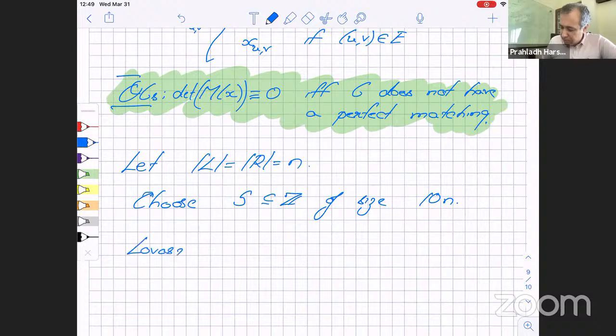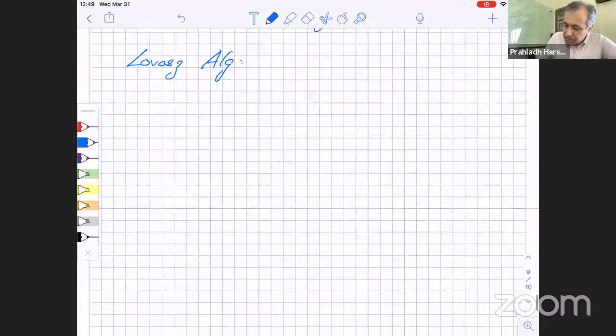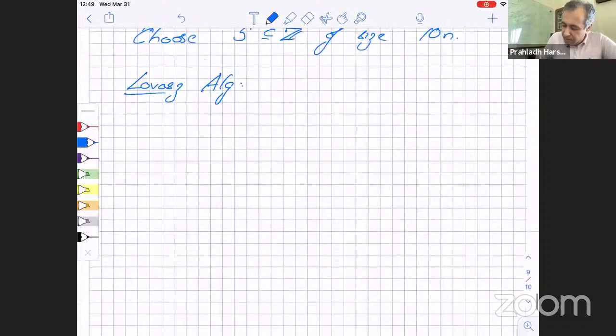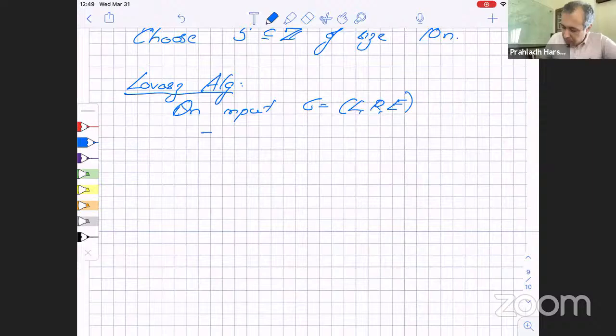So Lovász's algorithm is the following. On input G equals (L, R, E), write down this matrix M(X).